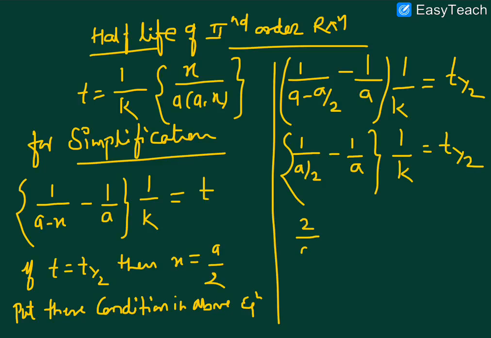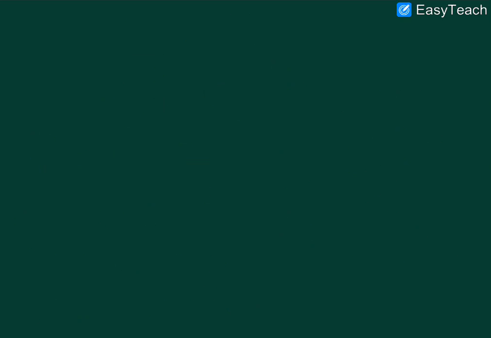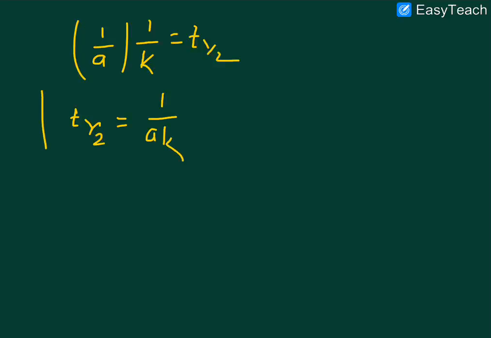Then there is 2 by a minus 1 by a, into 1 by k, is equal to t half. When 1 by a is subtracted from 2 by a, then remaining is 1 by a, into 1 upon k, is equal to t half. So we can say that t half is equal to 1 upon ak.